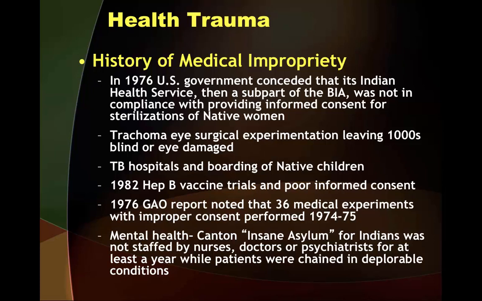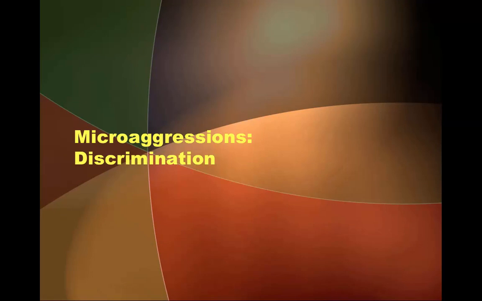In 1976, it was reported that 36 medical experiments with improper consent were performed in just the years of 1974 to 1975. And there are also examples of mental health facilities or insane asylums that historically served Native people that were not staffed, and people were left chained in deplorable conditions.